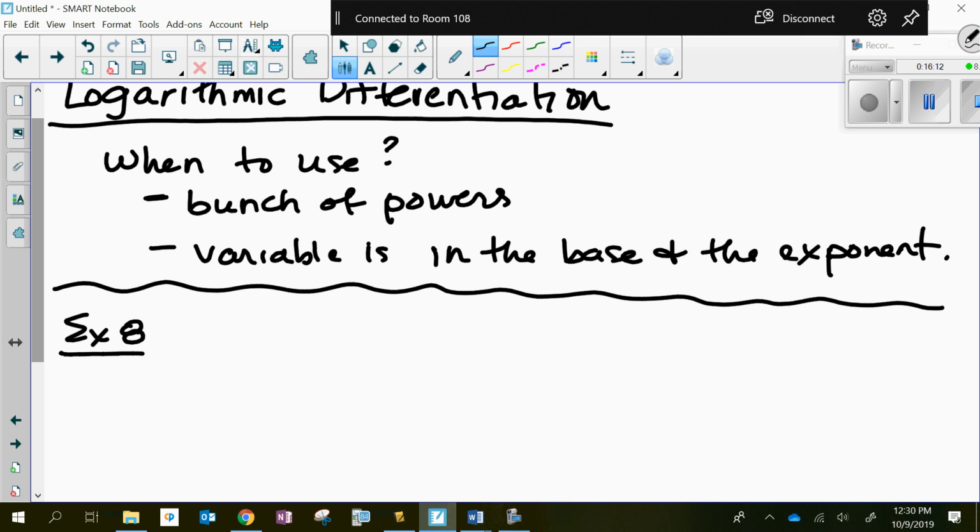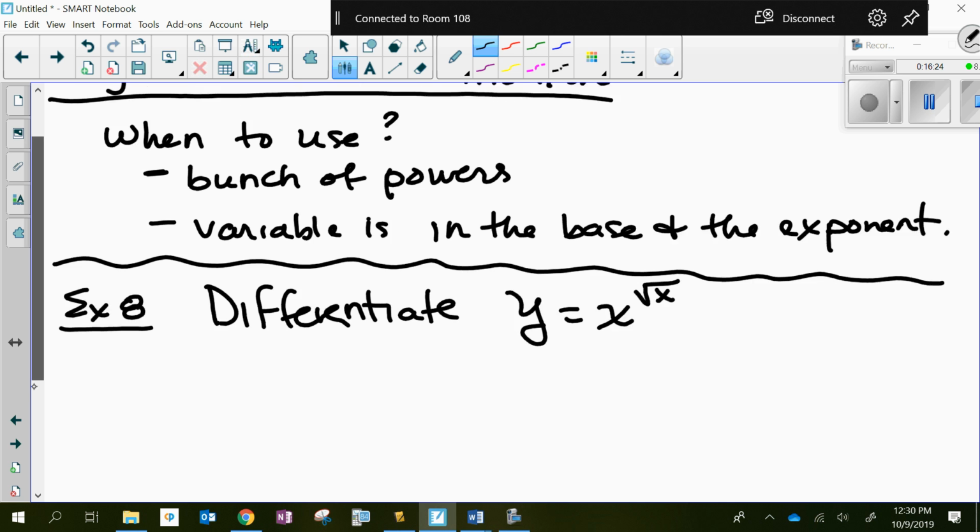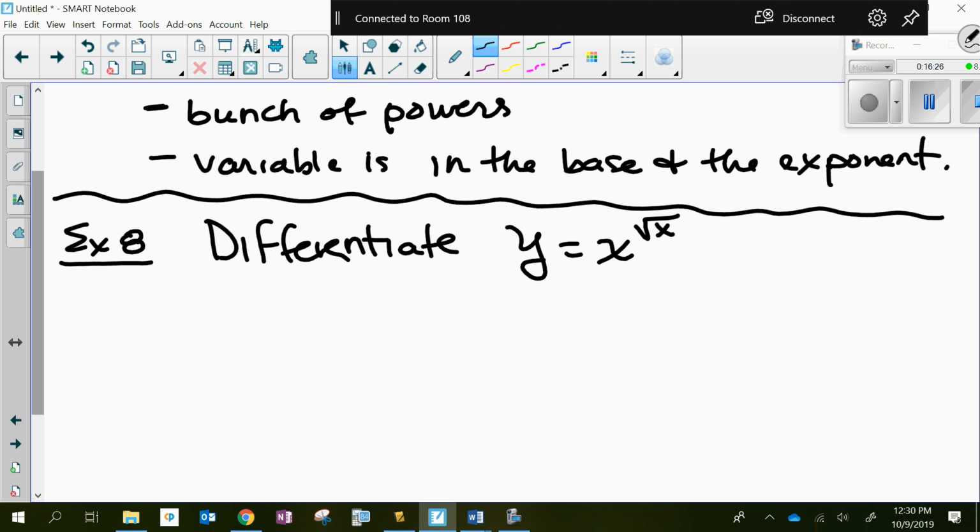Okay, let's differentiate y equals x to the power radical x. So we have a power, radical x, and we have a base x.